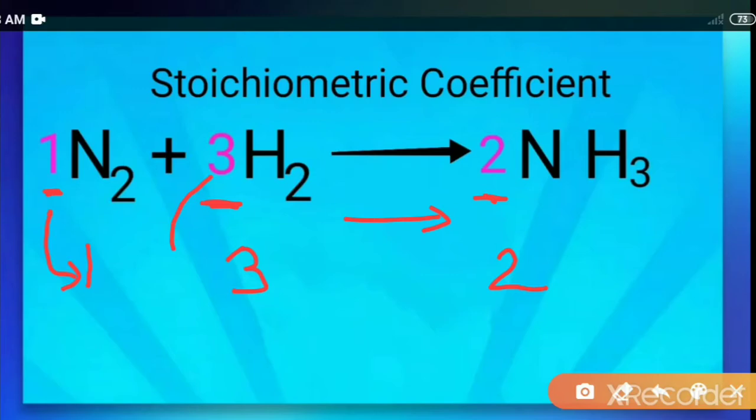In hydrogen, 3 molecules of hydrogen are there, therefore 3 is the stoichiometric coefficient of hydrogen, and 2 is the stoichiometric coefficient of ammonia. So whichever example is given to you, you need to balance it, and whatever number comes before each reactant and product is taken as the stoichiometric coefficient.